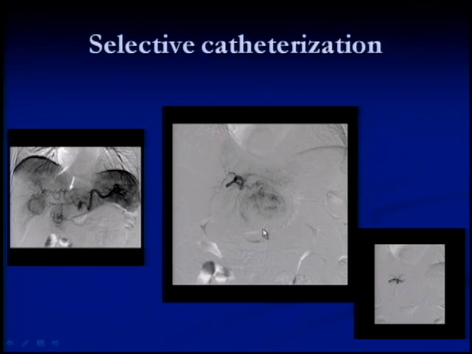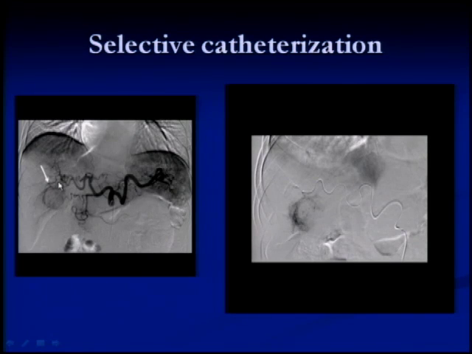There is a small tube which goes inside the larger tube and goes all the way out to this branch, and we inject dye and see it's supplying mostly the tumor. Then we inject the particles and do another X-ray after injecting the particles, which is right here. As you see, the blood vessels going to the tumor are completely blocked. So that's how we achieve embolization.